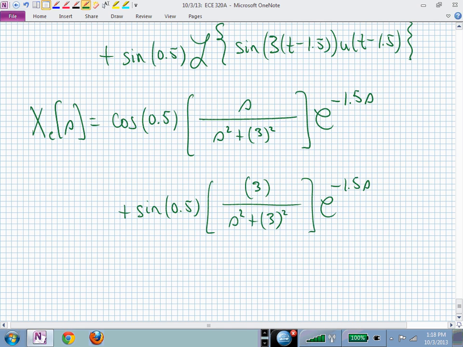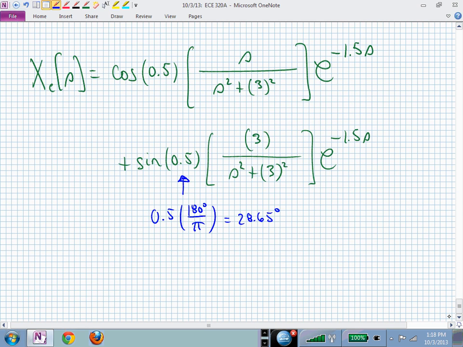And if you actually wanted values, you could say, well, that's 1/2 times 180 degrees over pi. Now I can plug that into my calculator. This is the sine of 28 degrees ends up being a value of 0.4794, and the cosine of 28.6 degrees.